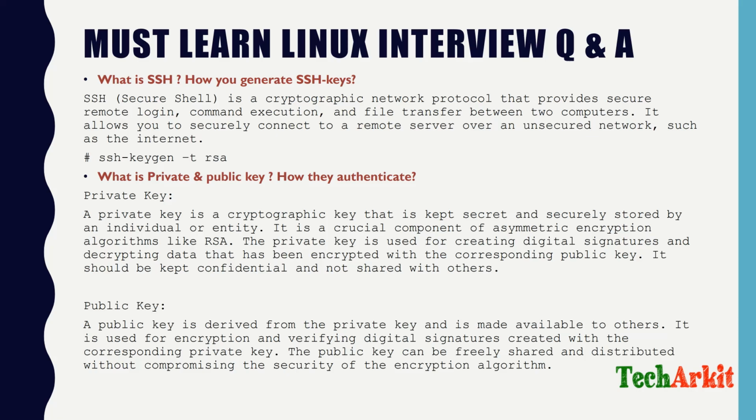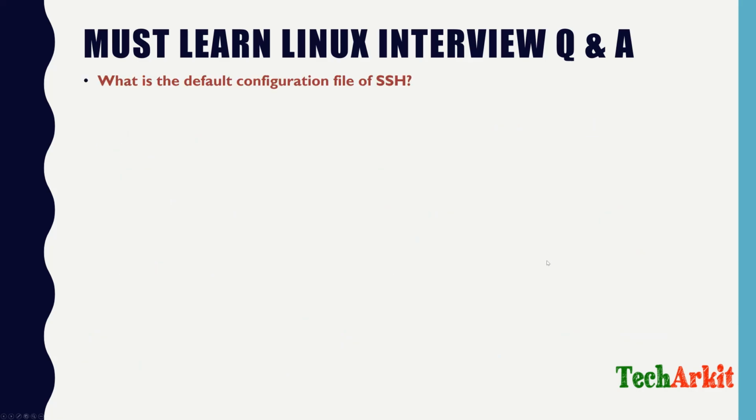This creates a unique digital signature that can only be verified with the corresponding public key. That's the way the verification and authentication is done. So the client sends the signed challenge, the server verifies it, and then the authentication is resolved. That's the key here.